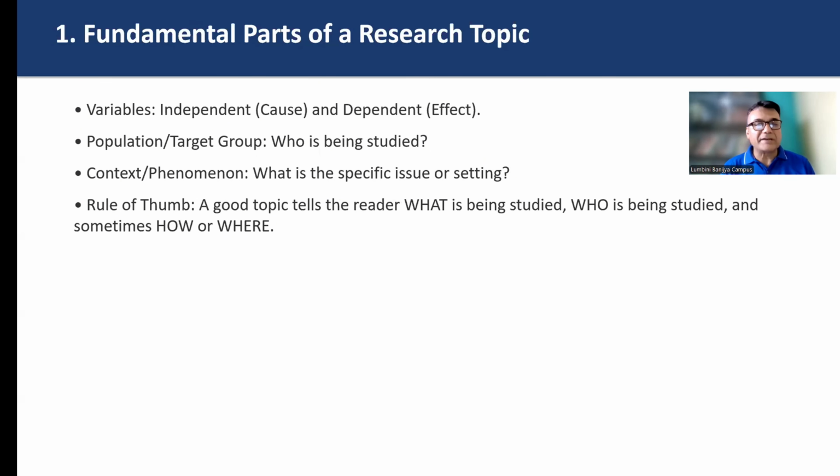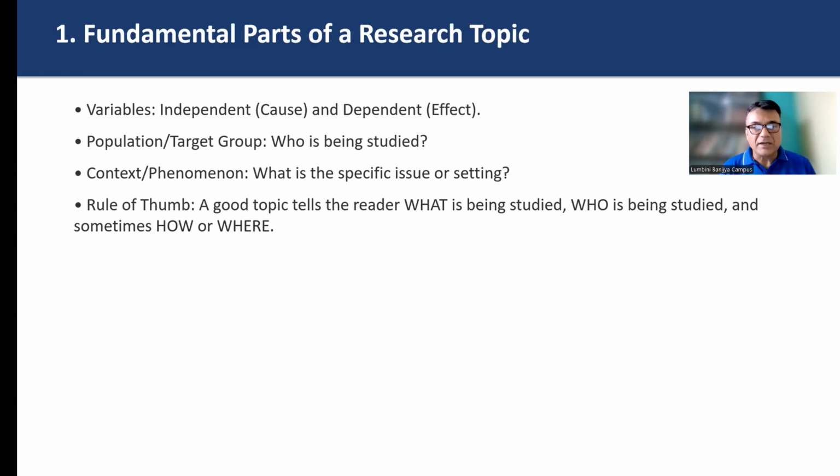What we have to know is that in a research topic we are concerned with the independent variable, the cause, and the dependent variable, the effect. We have to be clear about the population, the target group who is being studied, and the context and phenomena. What is the specific issue?